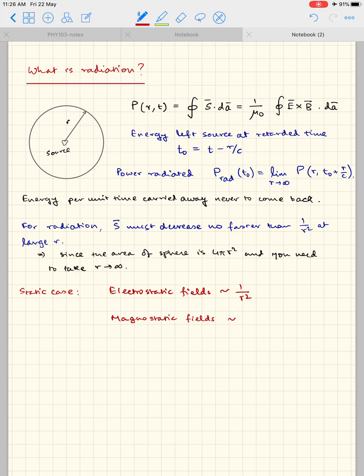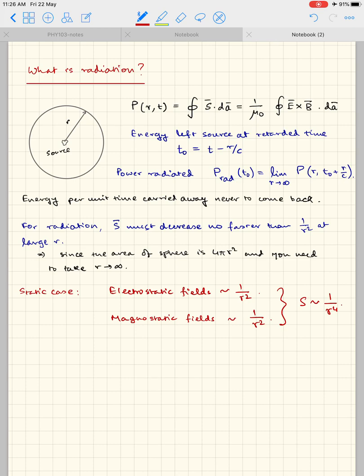So each of these goes as 1 over r squared or faster. That means that S then goes as 1 over r to the 4, right? Since it's E cross B, it has to go as 1 over r to the 4.